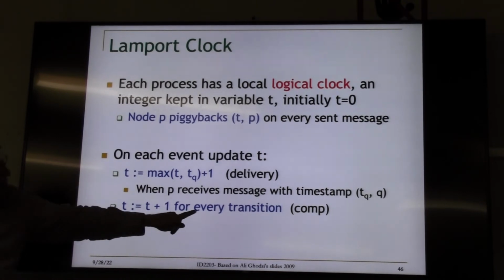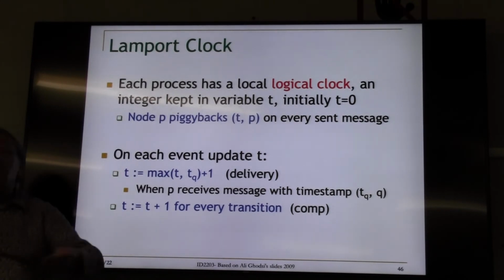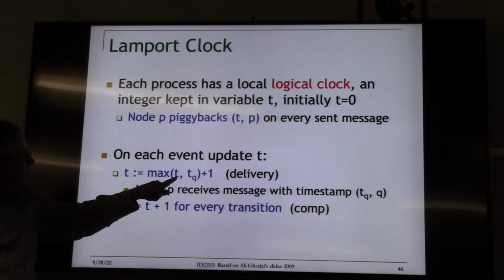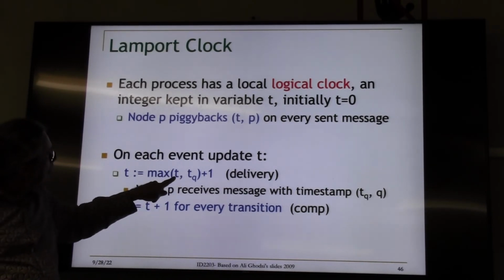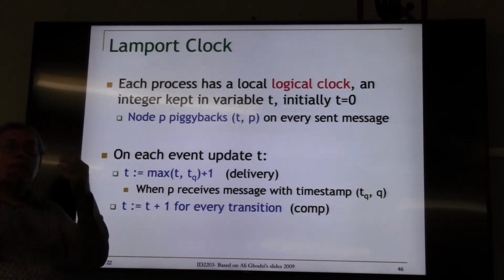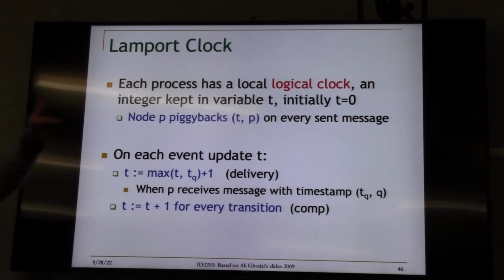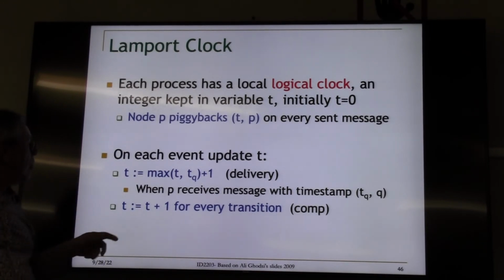When I do a computation event, I just increment, so t+1. But when I receive a message, I take the maximum of the t on the message and my local one, and I do +1. So t somehow tells me the maximum number of events that are causally before me.